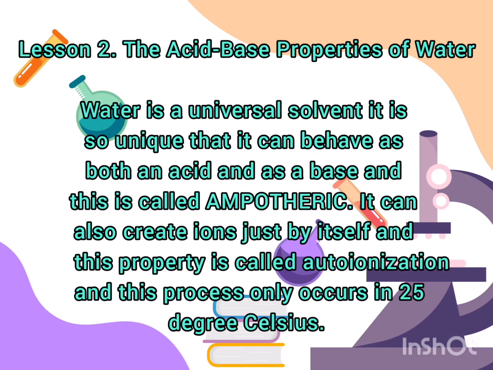Lesson 2, the acid-base properties of water. Water is a universal solvent. It is so unique that it can behave as both an acid and a base, and this is called amphoteric. It can also create ions by itself, and this property is called autoionization, which occurs at 25 degrees Celsius.